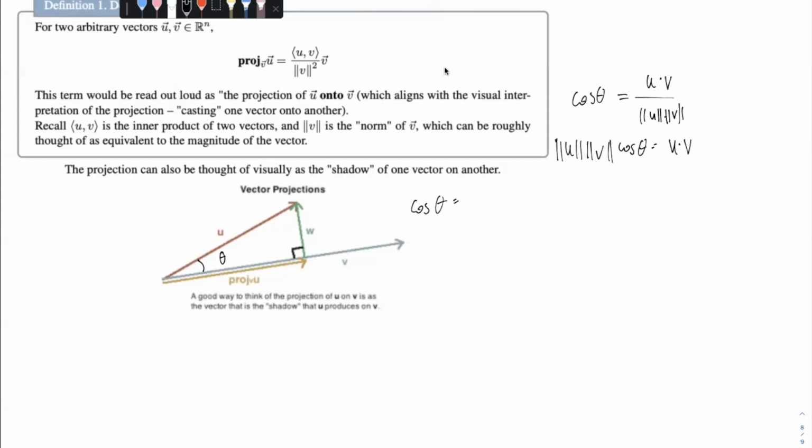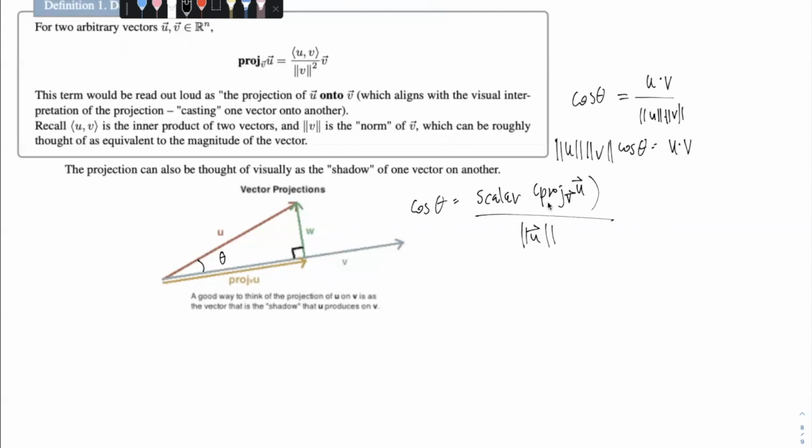So we have that cosine theta is equal to the scalar of the projection of U over V, and then over the scalar of the U vector, which would be the norm, or the magnitude, of this vector. So we can just write it as this.